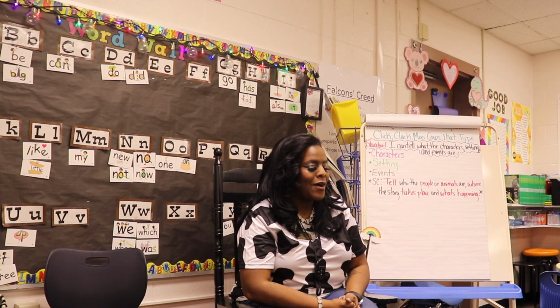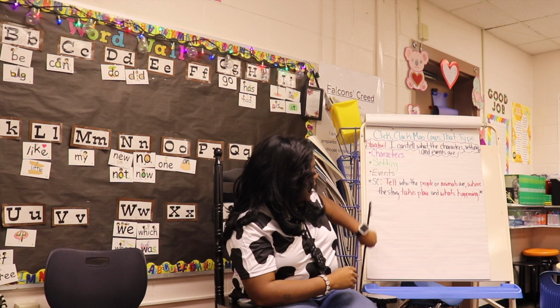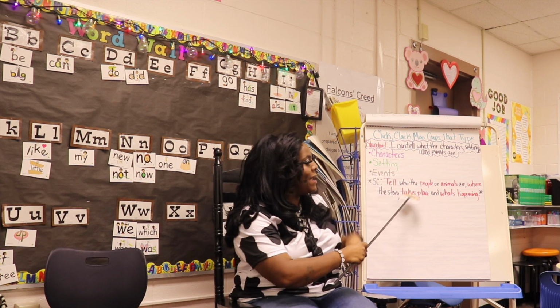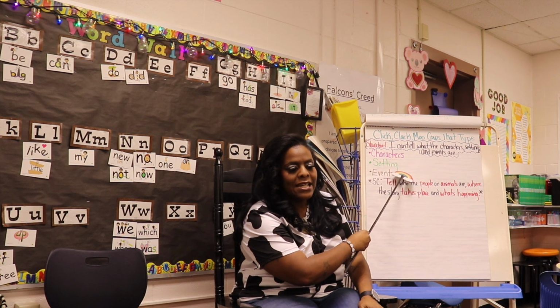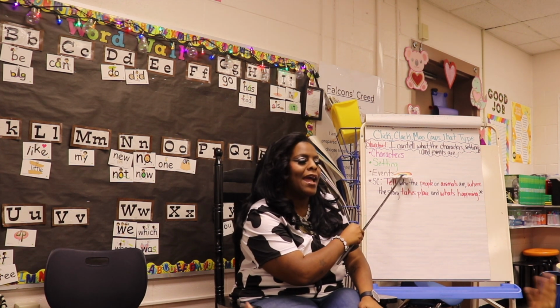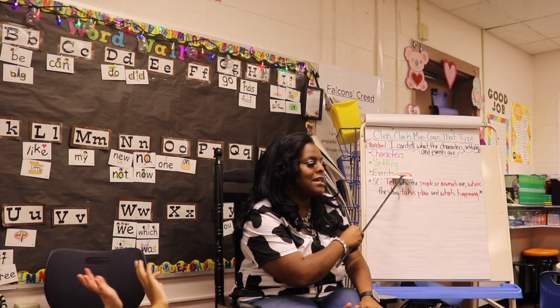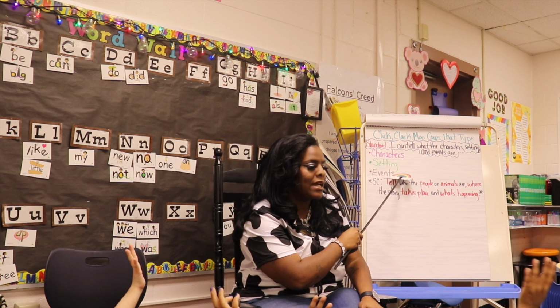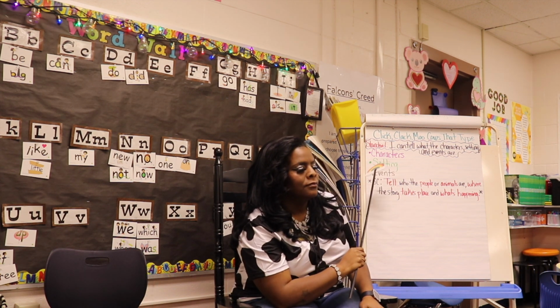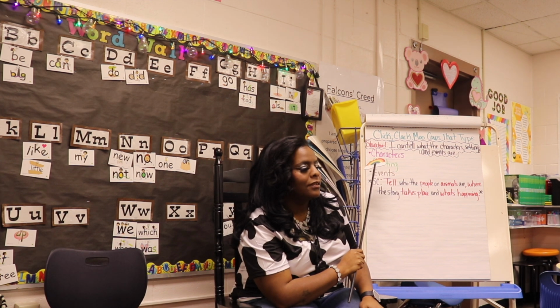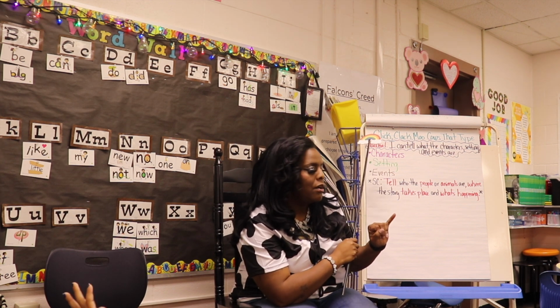All right. Okay. Let's go back to recap so that we make sure that we have met the success criteria, okay? Who were the characters in this story? Quiet hands. Give me just one of the characters. All right, Khalil. Okay, the cows.